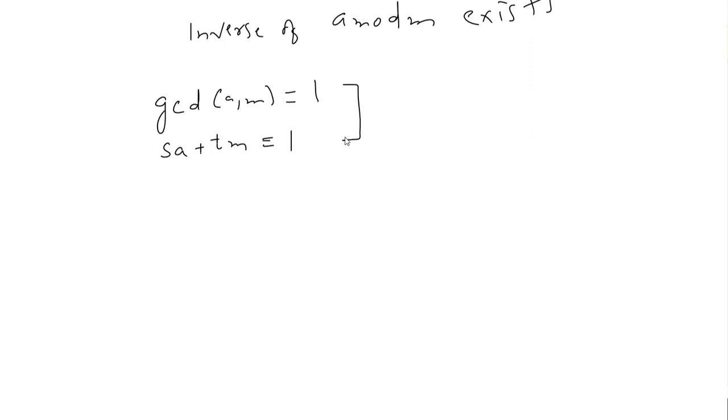So basically, they both mean the same thing. Now, we can rewrite it in the form of congruence as S times A plus T times M is congruent to 1 mod M.